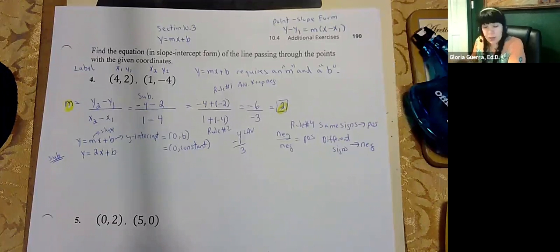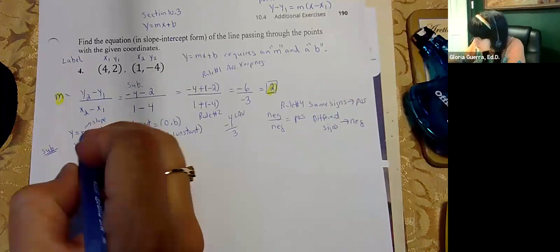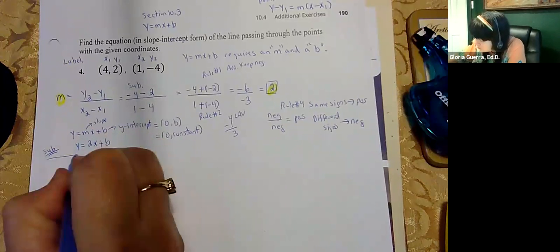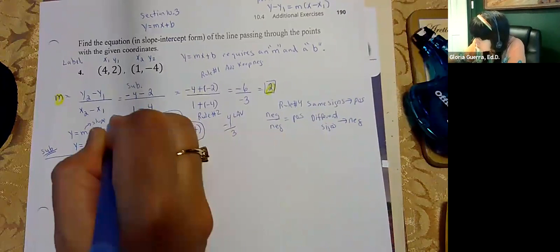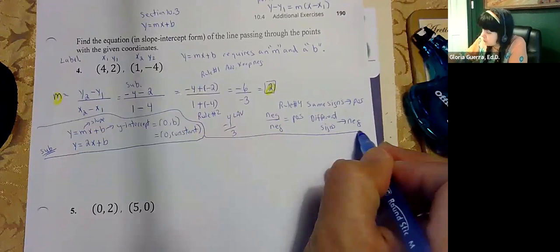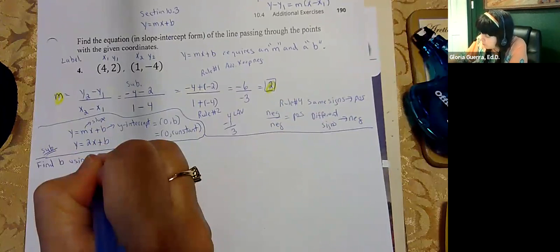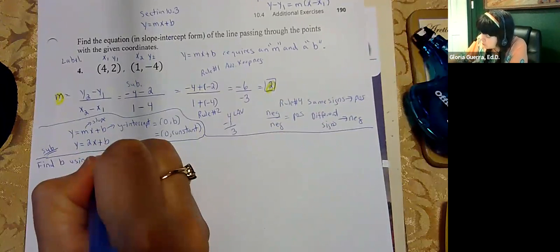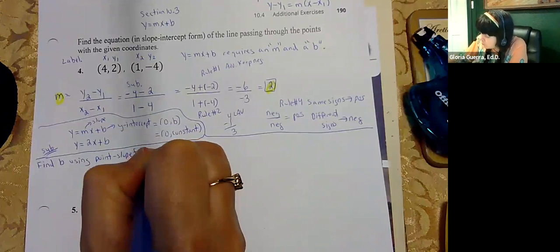So anyway, I'm going to help you find B using point slope form first.